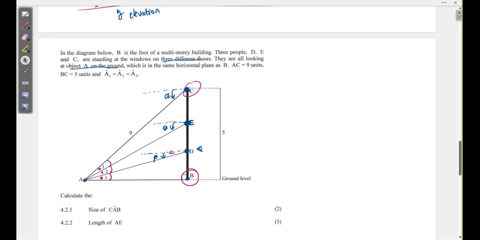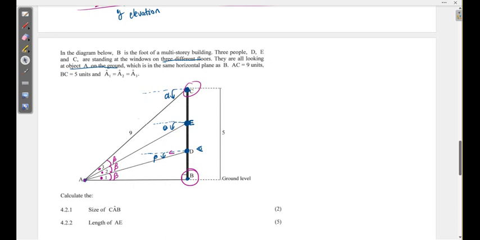So let's remember that this angle A1 is equal to angle B, because at D, the angle of depression is this one. It will mean the angle of elevation is this one. And since this is beta here, this one is also beta, and then this one is also beta there. Are we clear? Beta, beta, and then angle beta there.